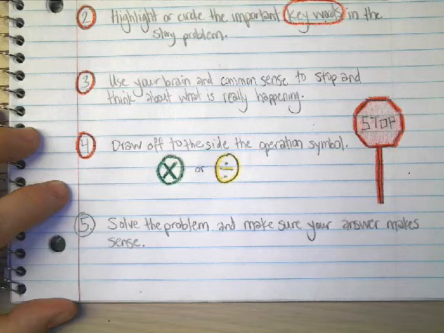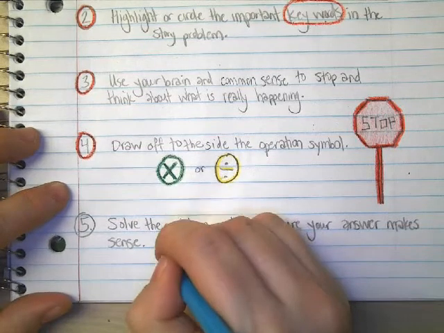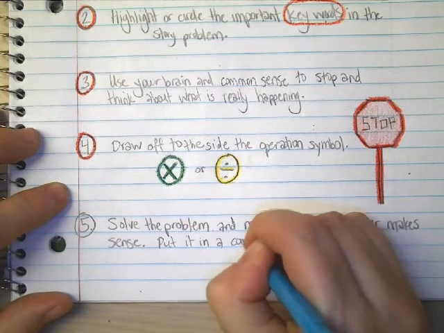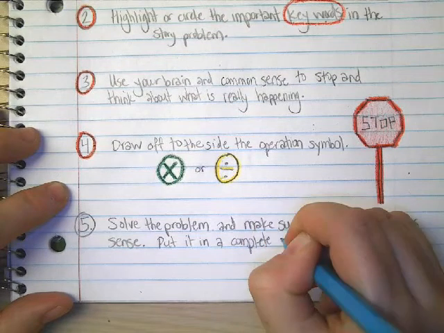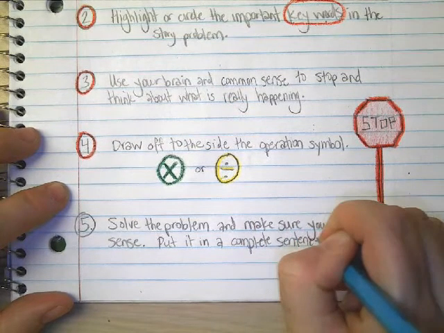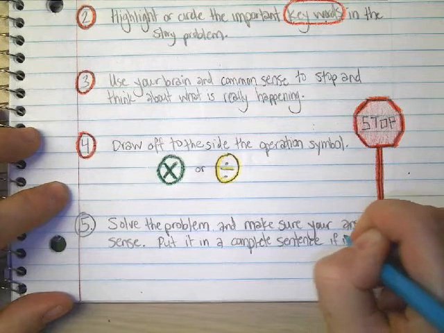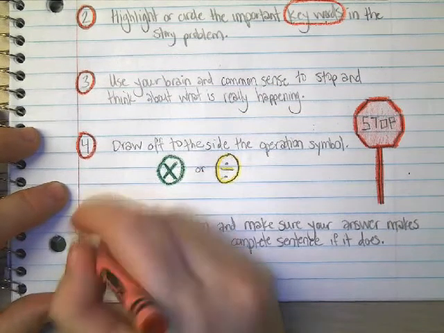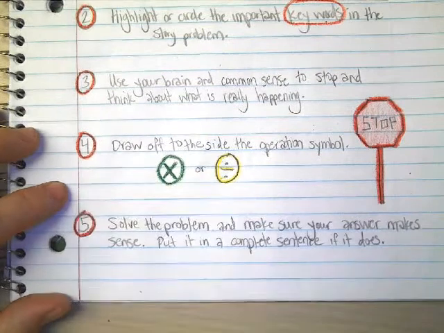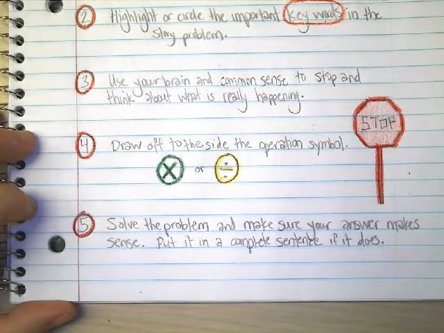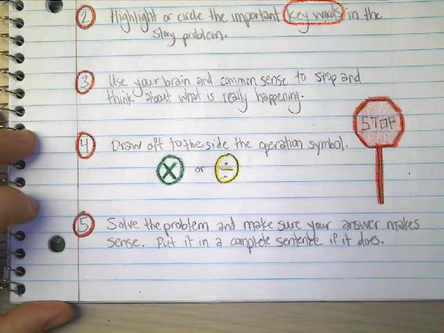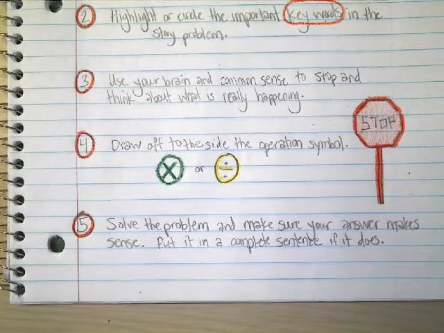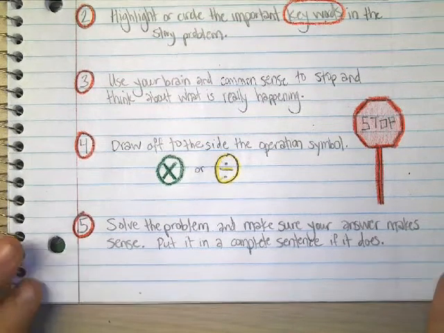Solve the problem and make sure your answer makes sense. Put it in a complete sentence if it does. So if your answer makes sense, then you put it in a complete sentence. But you do not put it in a complete sentence if you haven't gone back to first make sure that it makes sense. Okay, so those are all of the steps.